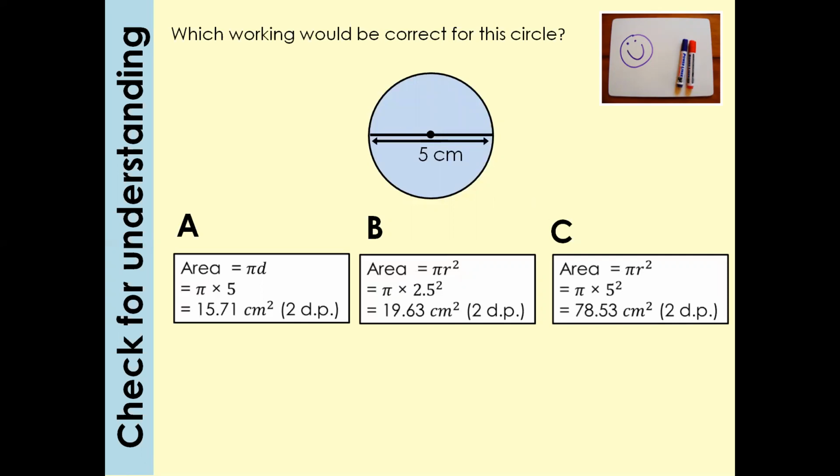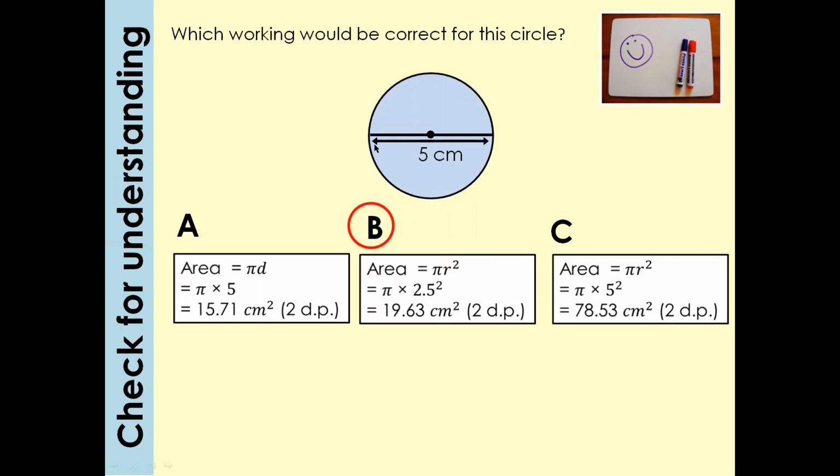Let's have a look at another question. Which working would be correct for this circle? Again, pause the video and give it a go. The final answer in this case is option B, which is area is pi r squared.